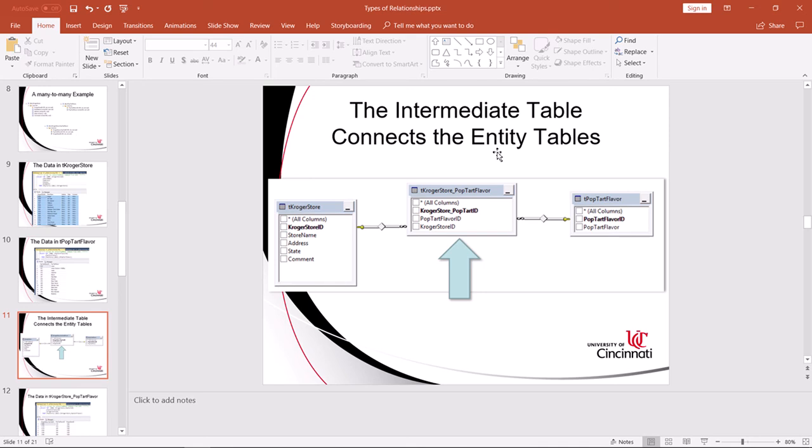You can't really see a strawberry flavor, you can't really see a cherry flavor, but they are in the real world and people do understand what they mean even if they can't see them. And then the other entity are physical concrete things referred to as Kroger stores. And it's very useful then to implement this many-to-many relationship by putting in the intermediate table.